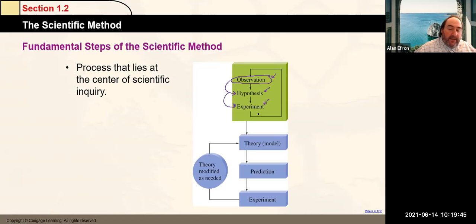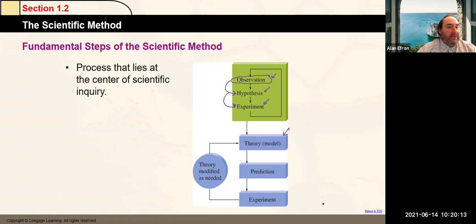But at some point, a couple of things happen. You come up with, at some point, a theory. And a theory is a model that tries to explain these observations that you're seeing as you're doing these experimentations. Now, the difference with a theory is that it can be modified, if you will.